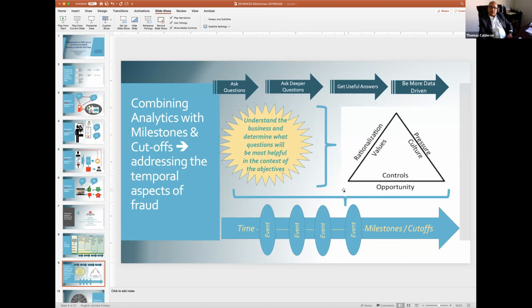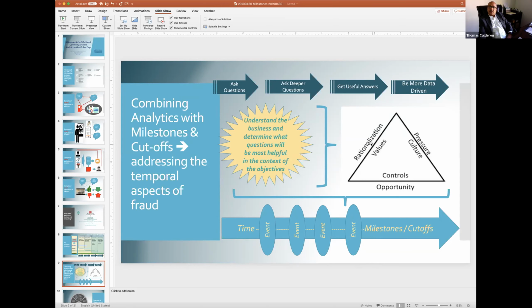Well, the company might have an incentive to do things that are fraudulent around milestones and cutoffs in order to meet those thresholds. So the question that one could ask and perhaps answer utilizing analytics is, given the company's context, does the data show any incentives or any motivations to commit fraudulent acts in order to achieve a milestone, let's say a return on assets milestone around the cutoff?